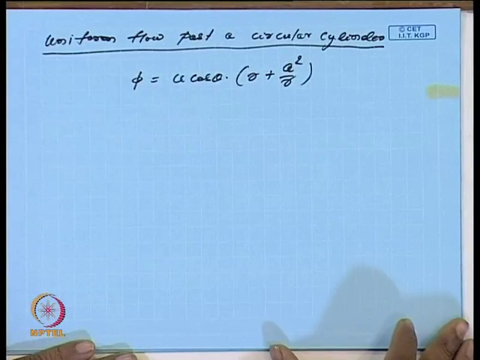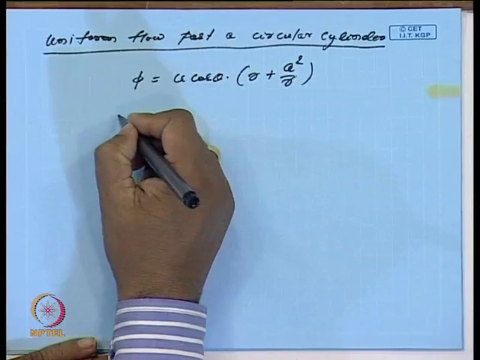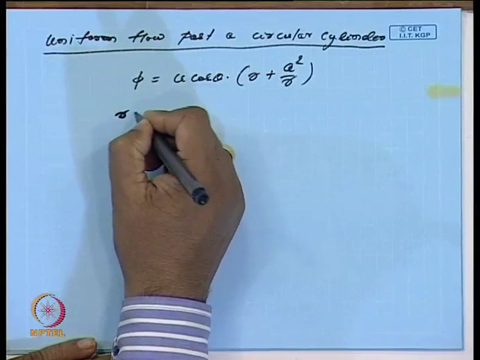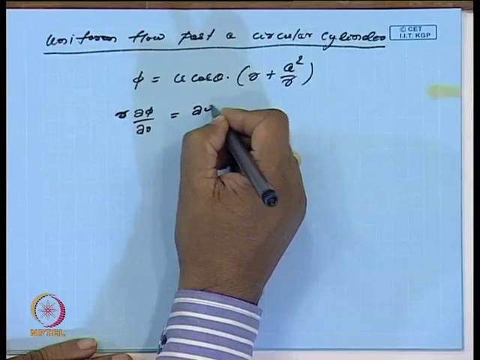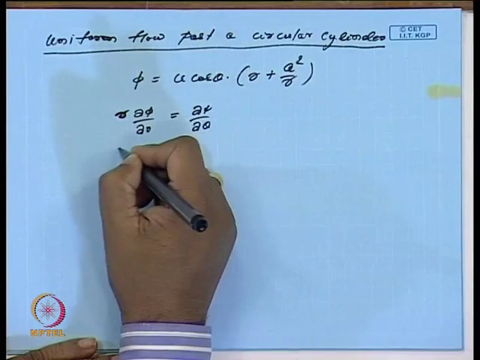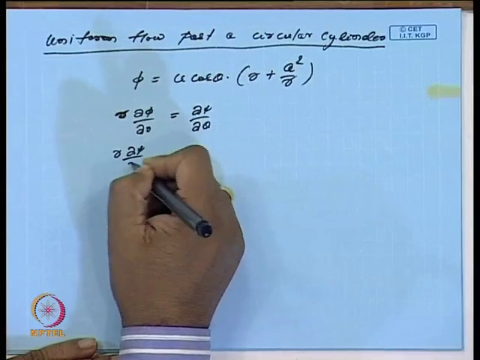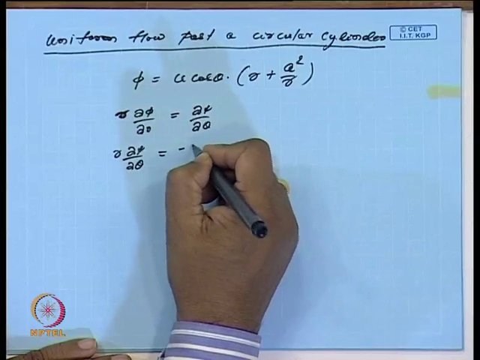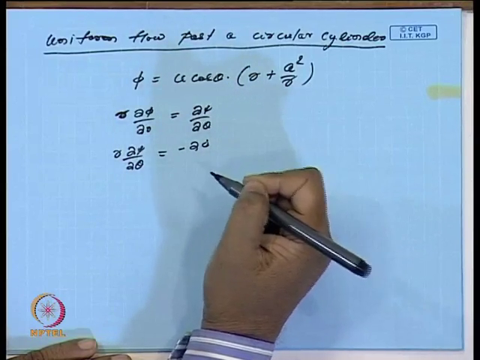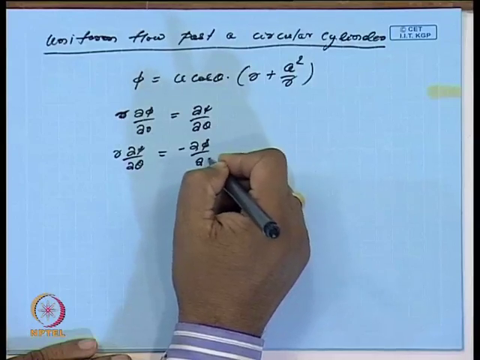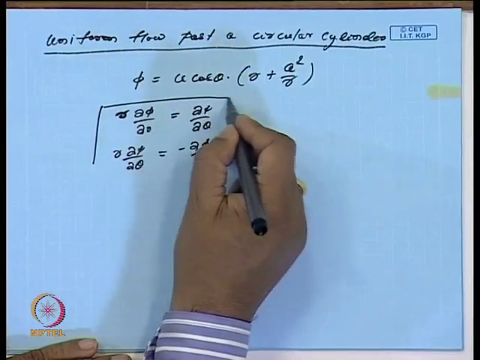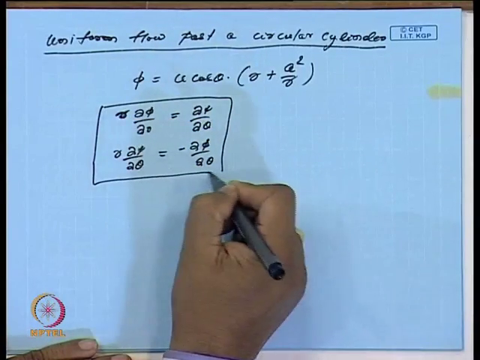In one of my past lectures, I have already told you what exactly the relations are: del phi by del r is equal to 1 by r del psi by del theta, and del psi by del r is equal to minus 1 by r del phi by del theta. So, if we know phi, we can always get psi.